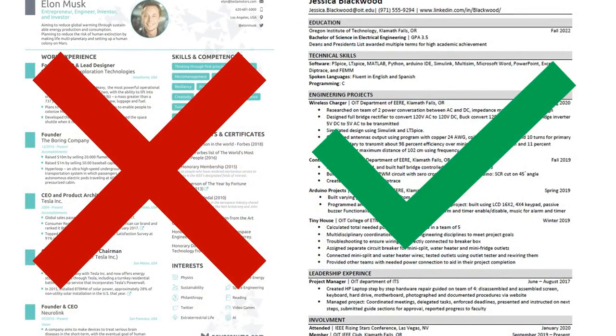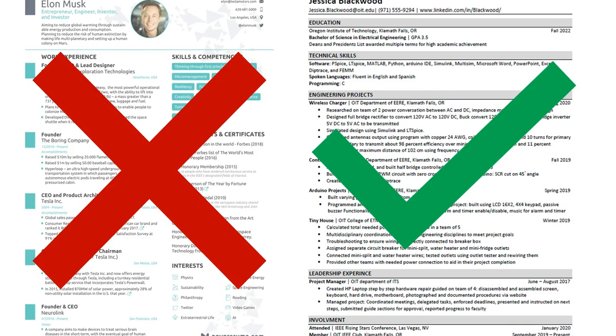I like to show these resume examples because when you go online and Google good resumes, this resume someone developed for Elon Musk pops up as a highly recommended resume, and it is absolutely wrong.